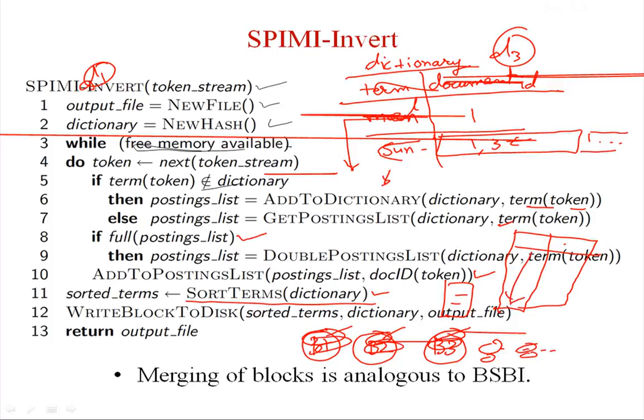After this merging, we will get a final sorted inverted index in the form of term and document ID pairs. However, it depends upon whether we can sort all these entries according to term or term ID.